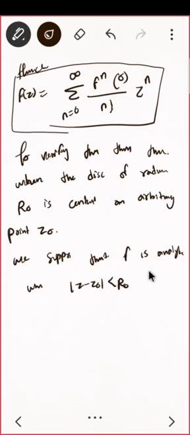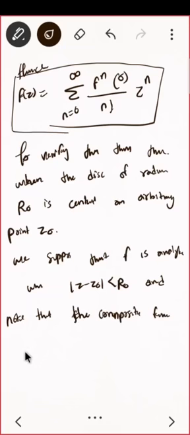And note that the composite function, that is f of z plus z0.